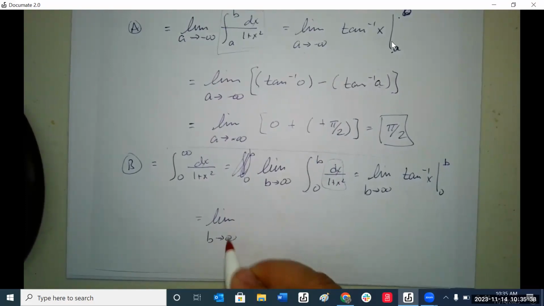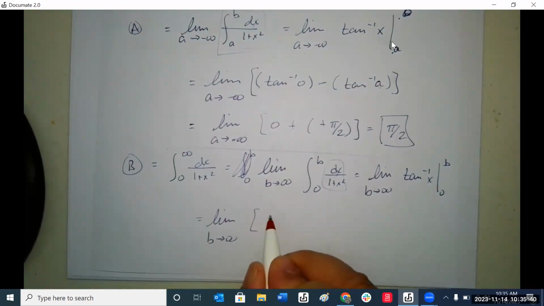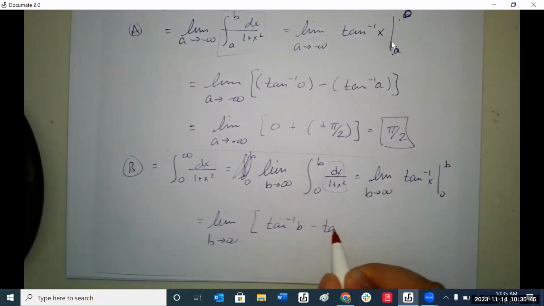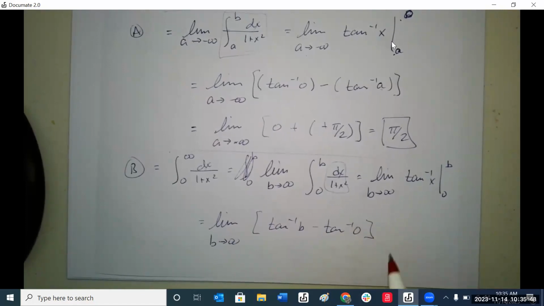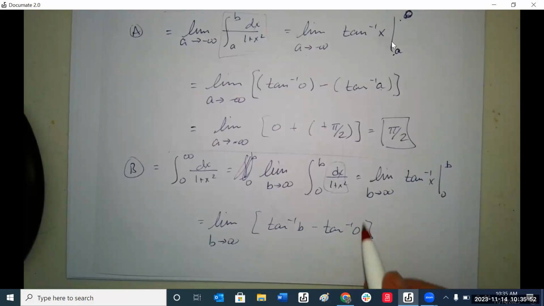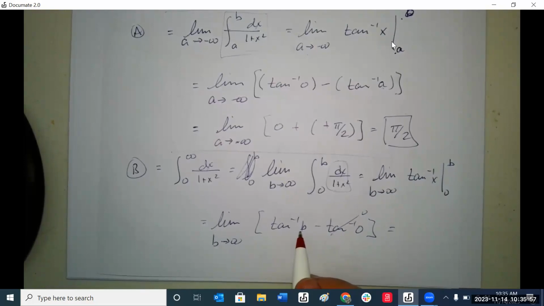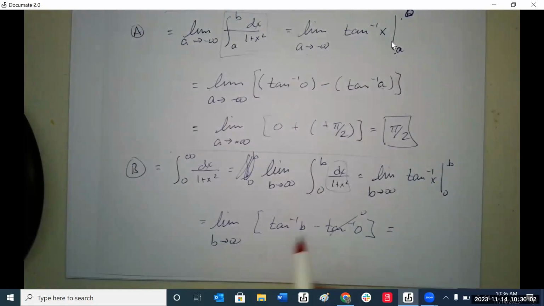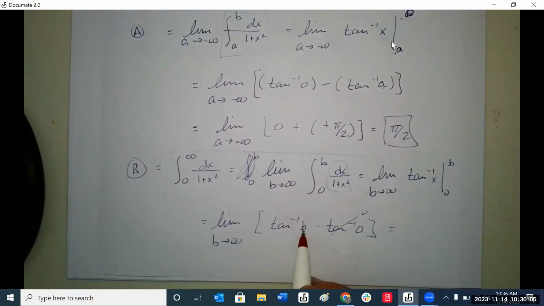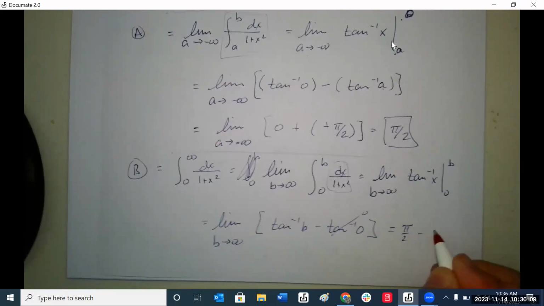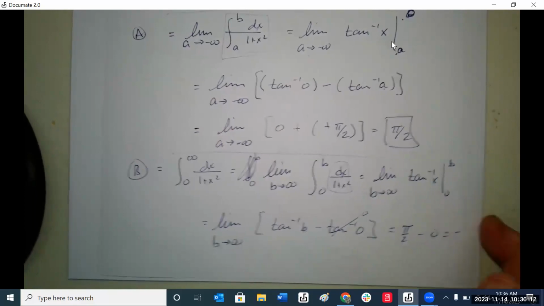As b heads to infinity, we have tangent inverse of b minus tangent inverse of 0. The 0 goes to 0. As b goes to infinity, this inverse tangent goes to pi over 2 minus 0, which is pi over 2.